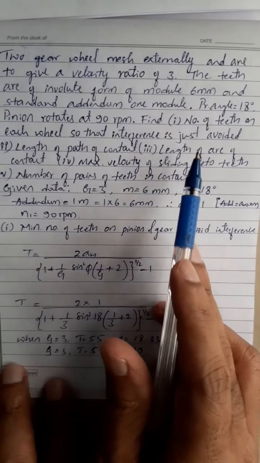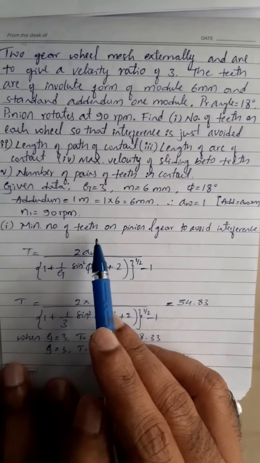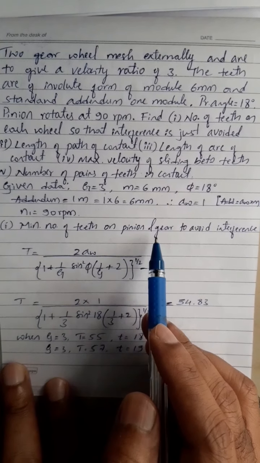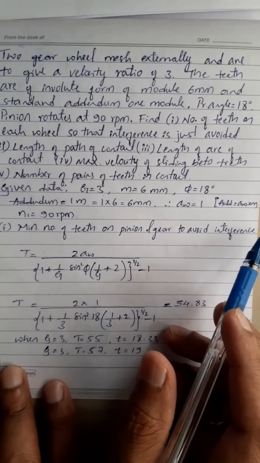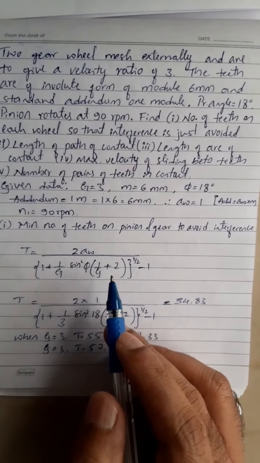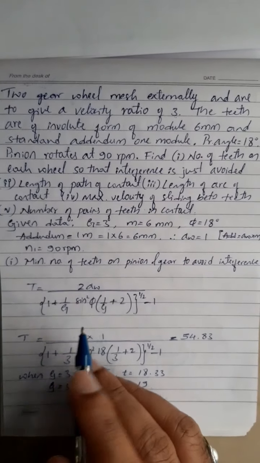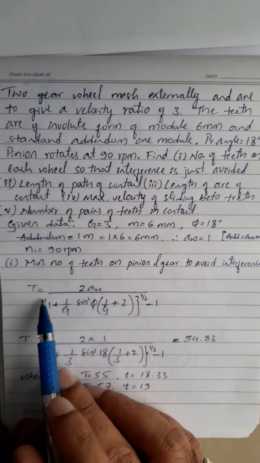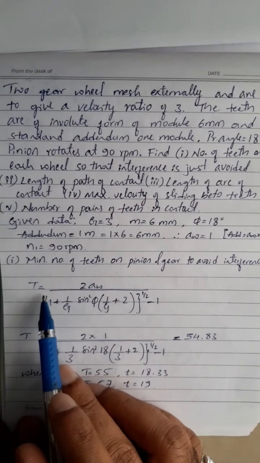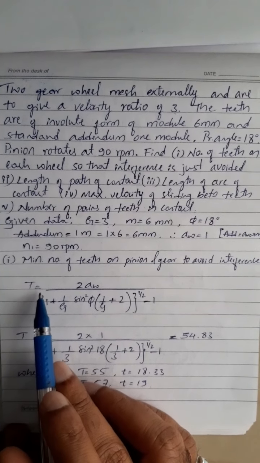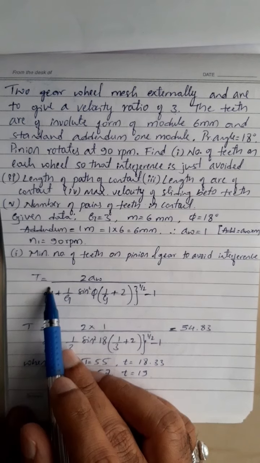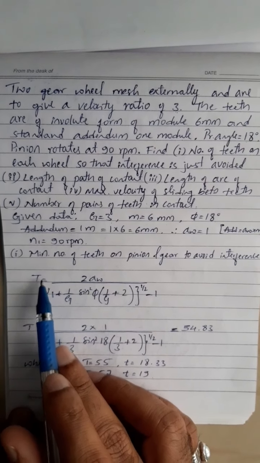The first data to be found is the minimum number of teeth on pinion and gear required to avoid the interference. The equation for finding the minimum number of teeth on the gear to avoid the interference we have here. This we have already derived.